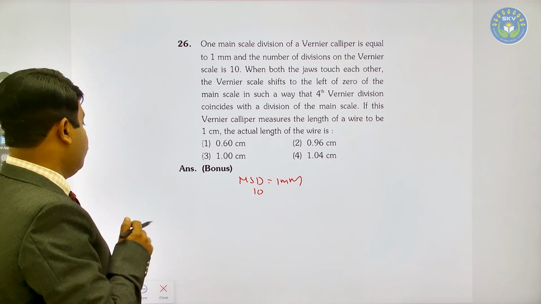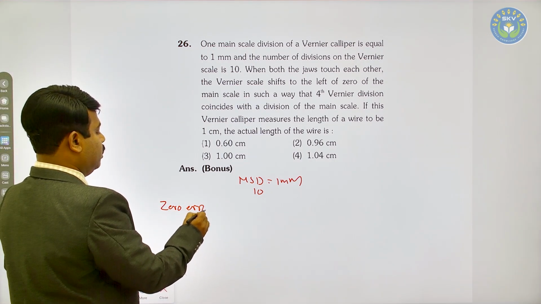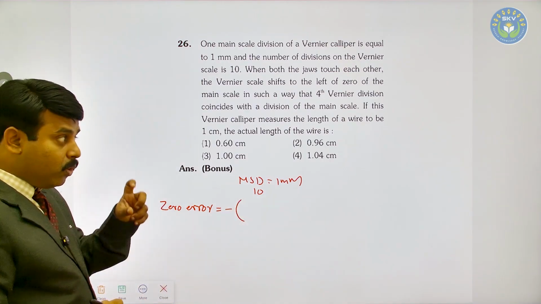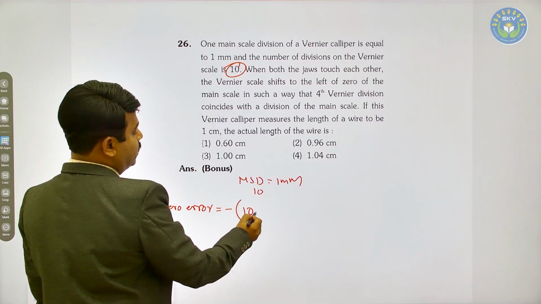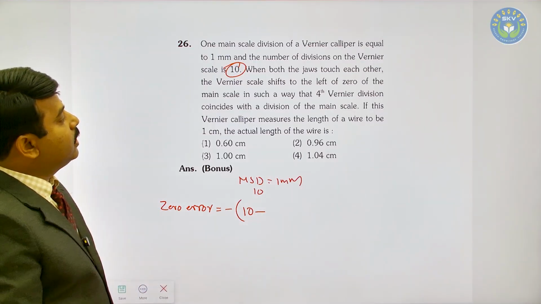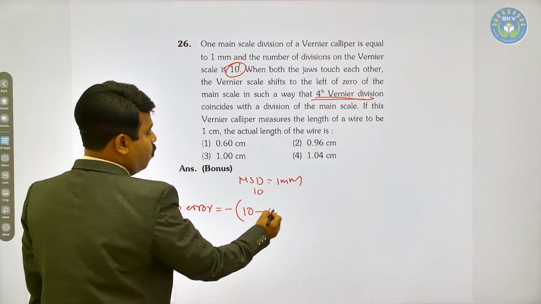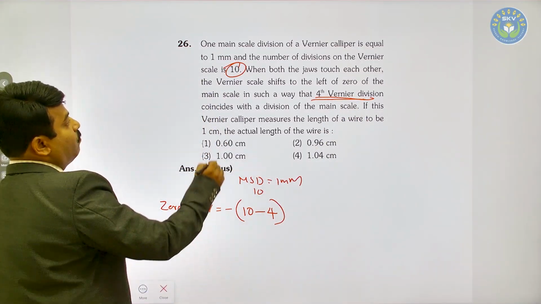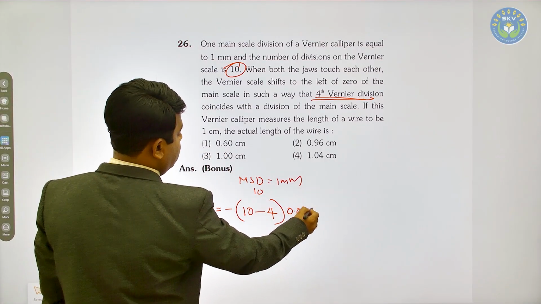See, what is the zero error in this case? Zero error, what we studied, is negative of, right, number of vernier scale divisions, that is 10 they have given, 10 minus the coinciding number, that is the fourth vernier division, then 4 into the least count of 0.01 centimeter.